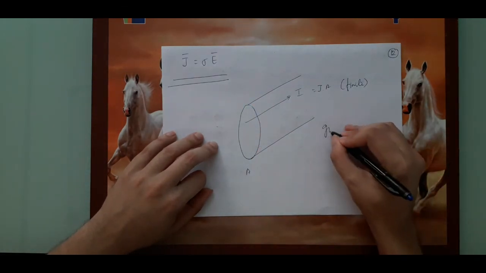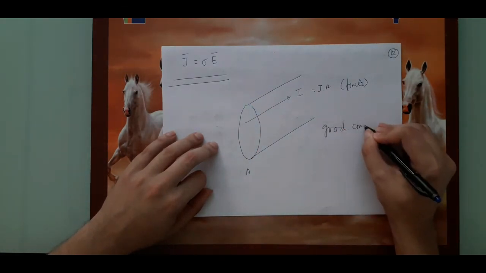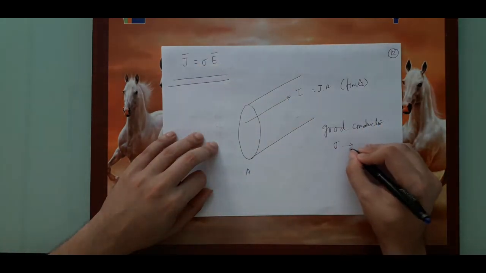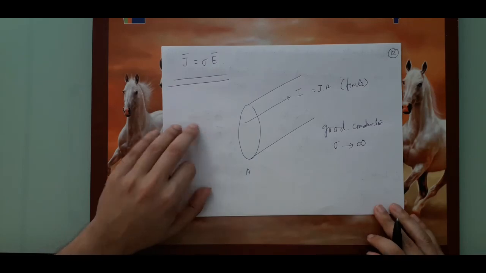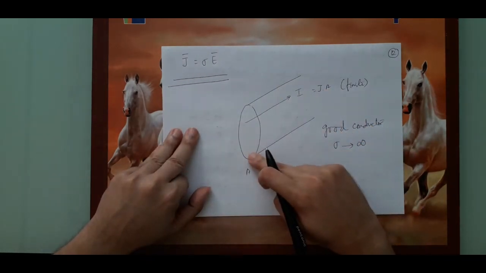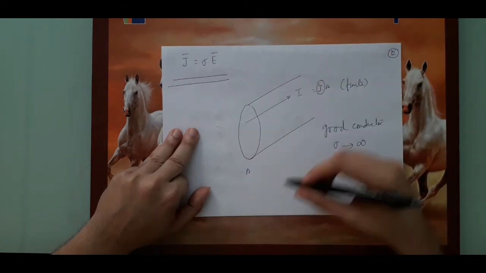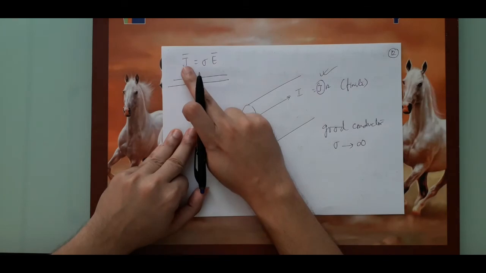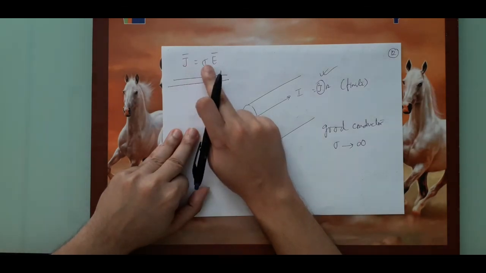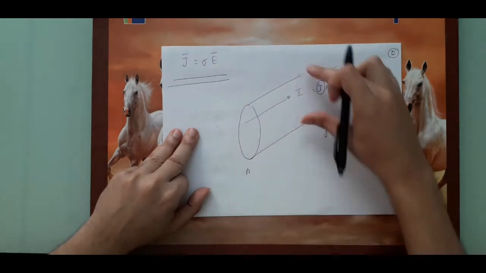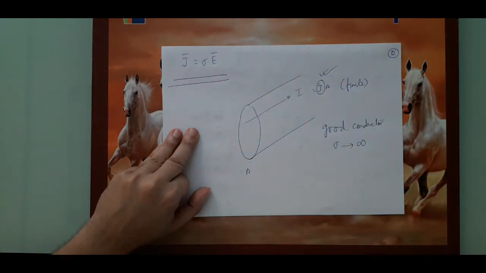So that means for a good conductor, the conductivity must tend to infinity. So therefore, if current is finite and area is finite, even J has to be finite. So if J is finite and conductivity tends to infinity, then I can say the electric field inside this conductor is almost zero.